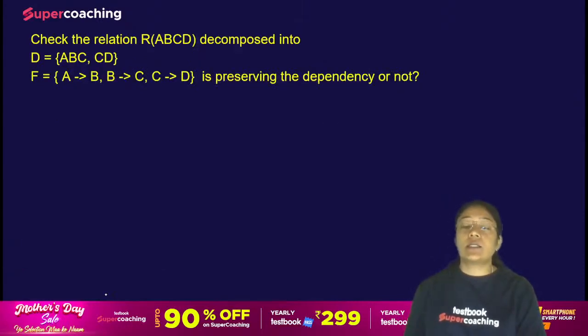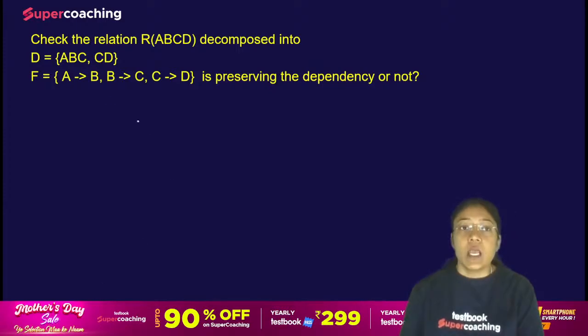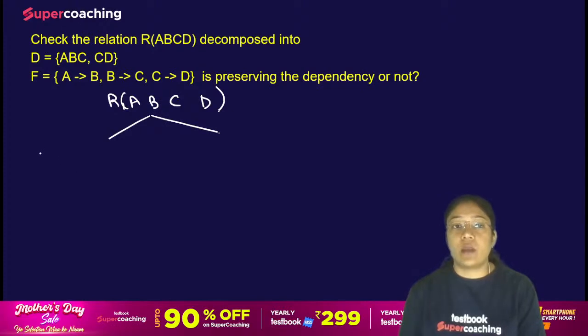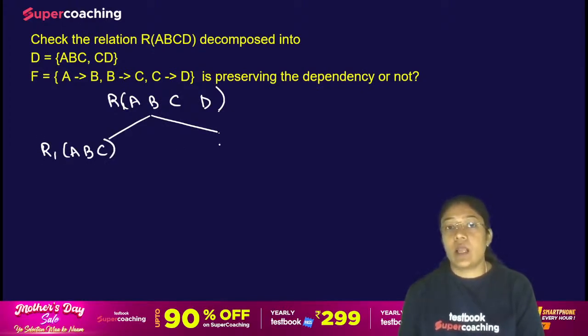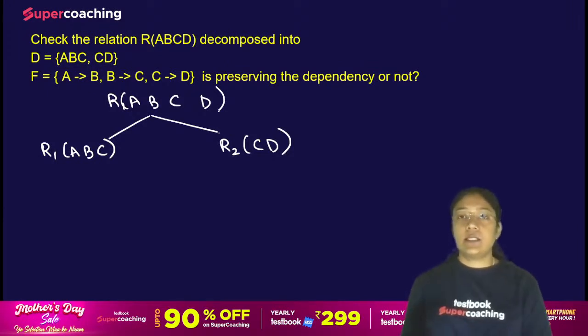Now let's discuss the question how to check whether the dependency is preserved or not. We are given the original relation R having four attributes. R is having the attributes A, B, C, D, and this is decomposed into the sub-relations A, B, C and C, D. Okay, see, in order to check the functional dependencies, there are two ways.